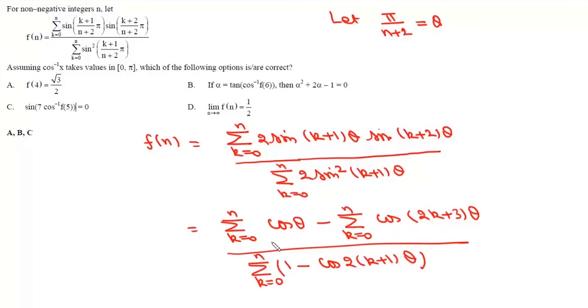Now since theta is independent of k, the summation of cos theta is a summation of a constant, so it will be (n+1) cos theta.